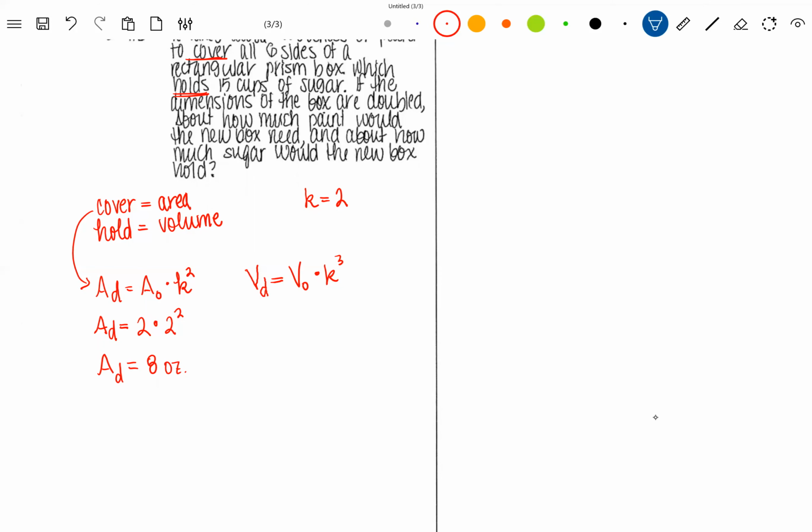Okay, so we're trying to figure out the volume of the new box, which is the dilation. The original box holds 15. The scale factor is 2, but it gets cubed. 2 cubed is 8. And 15 times 8 is 120.